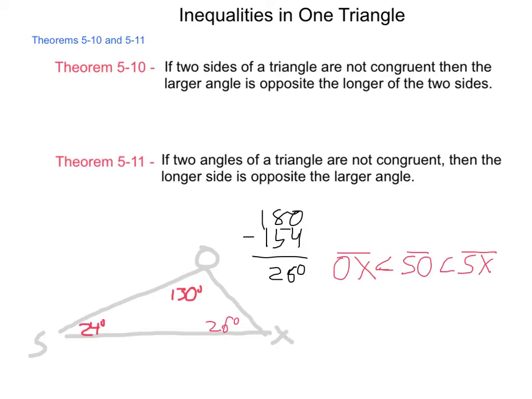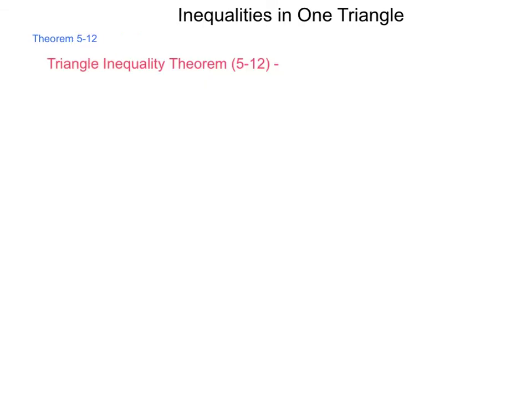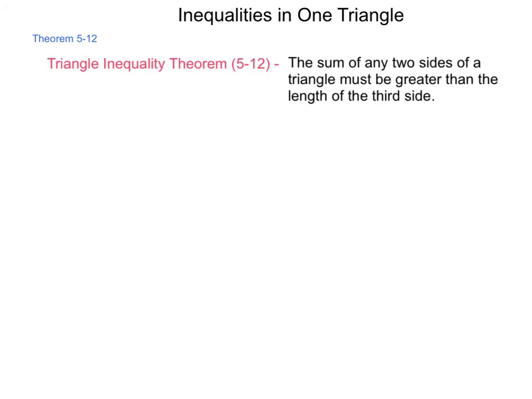Now we also have one more theorem with inequalities of a single triangle we're going to look at in this lesson, and that is the triangle inequality theorem. This one states the sum of any two sides of a triangle must be greater than the length of the third side.